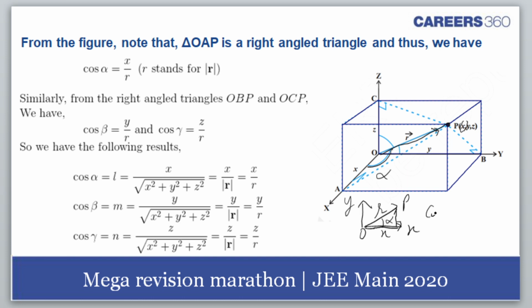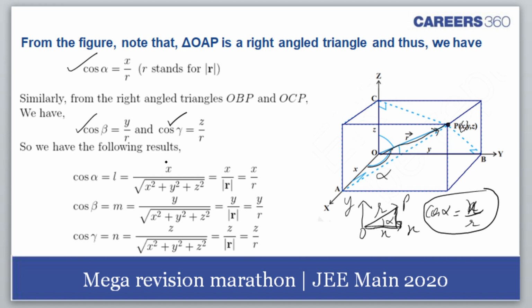Can you write cos alpha in this right angle triangle? X is the base, r is the hypotenuse, so it would be x by r. Am I right? Everybody understood? The x by r is equal to cos alpha. Similarly, cos beta would be y by r and cos gamma would be z by r.